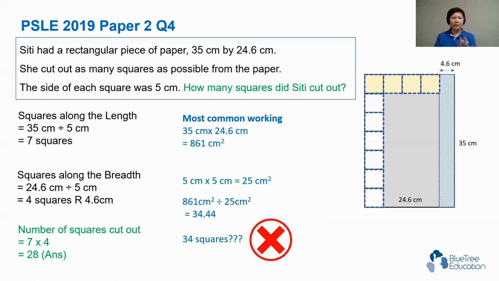My child found area, length times breadth. This is an example of where length times breadth is not needed. You learn the formula, but it's not applicable here. You understand? So you need to learn the concept. You need to learn the ideology, the understanding of how many can I cut along the length and breadth? And then visually, when you really draw it and see it, you can only cut 28. The excess piece at the side cannot be used.